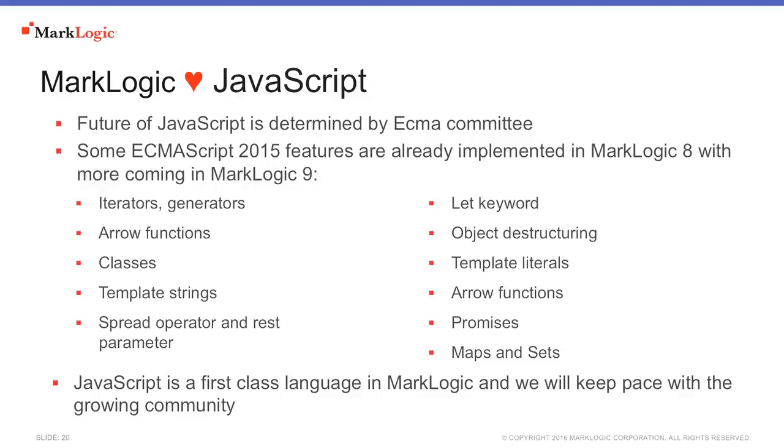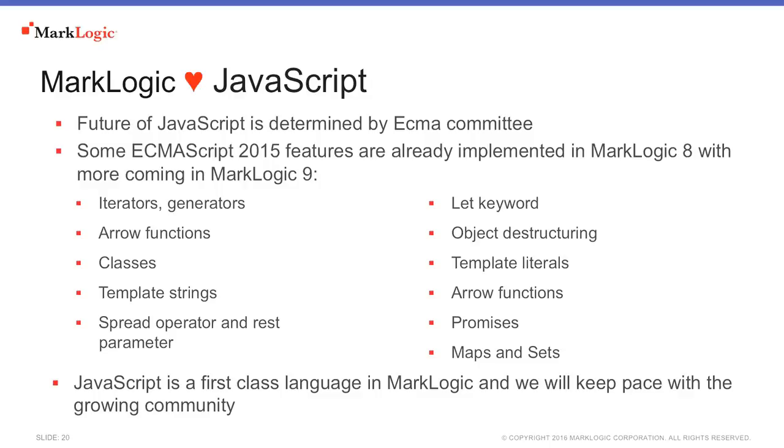Some of the new features in the latest iteration, ECMAScript 2015, some of the cool things, classes. Before, you had to kind of do some weird things to get class patterns going. There's a nice syntax for that now. Maps and sets, that's huge. If you come from Java or .NET, you want to be able to do efficient lookups and so on, where you're not just talking about string keys or number keys.